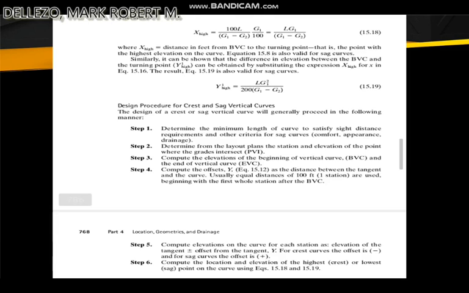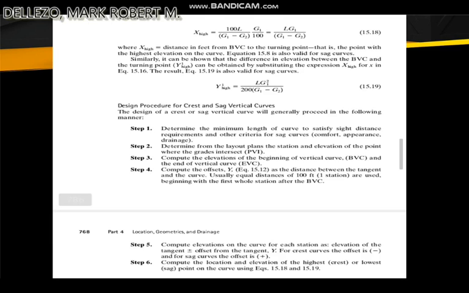Step 4, compute the offset, or Y, in equation 15.12, as the distance between the tangent and the curve, usually at a distance of 100 feet. When stations are used, begin with the first whole station after the BVC.